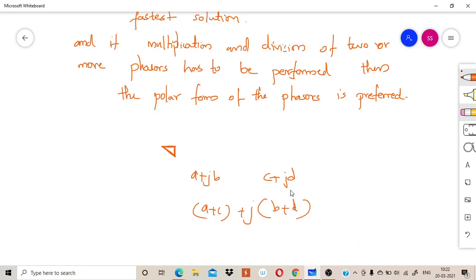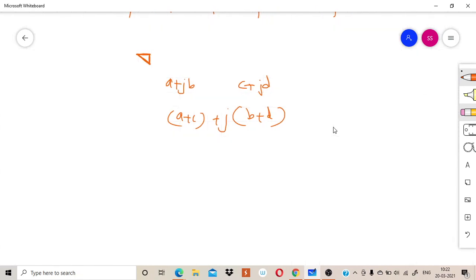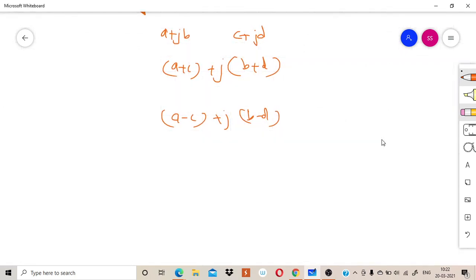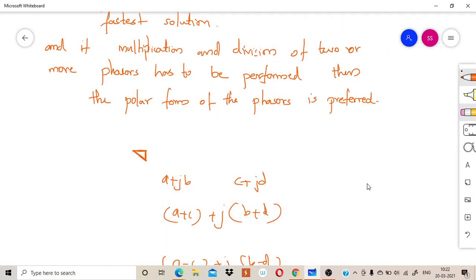This is like our complex number addition. And then subtraction is also just like that. If it is minus, then the real parts are subtracted, a minus c plus j, then b minus d.